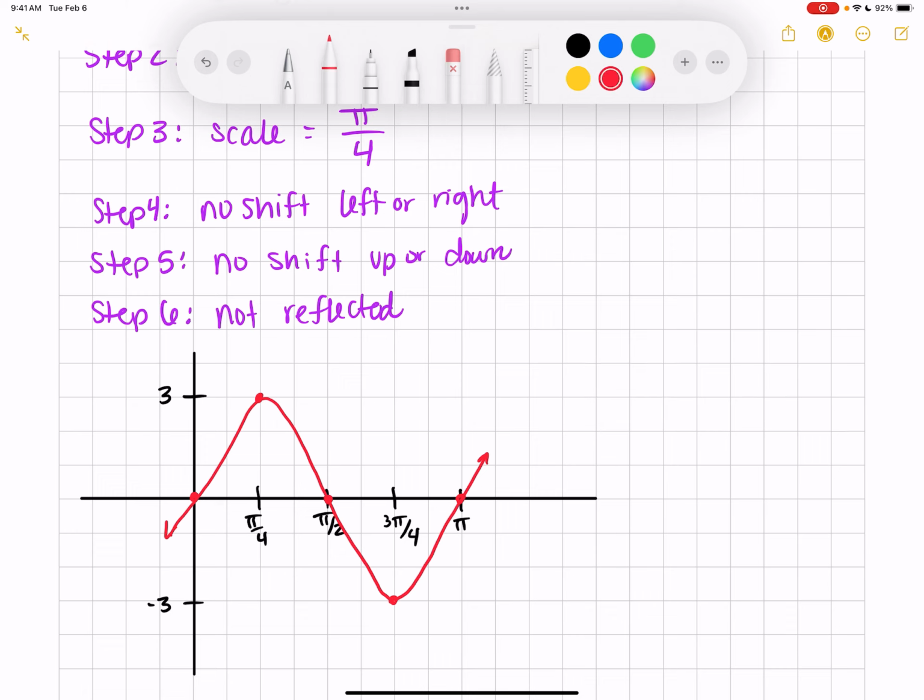So now you've graphed your first trig function. Sure, it was thrilling. Any questions on anything we did on that one? The pretty basic one. Okay.